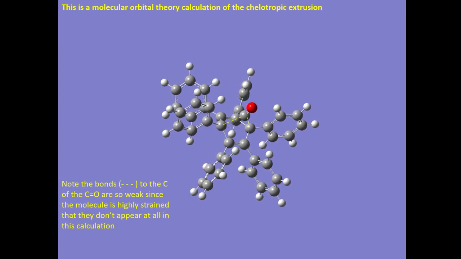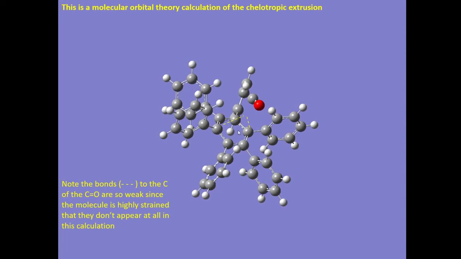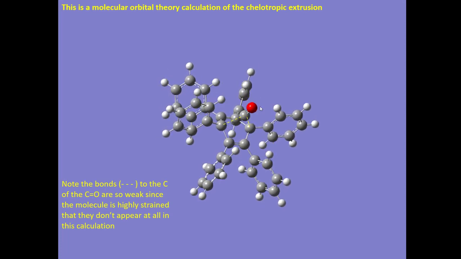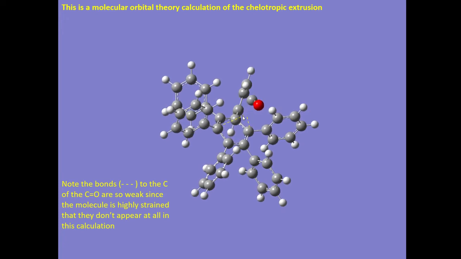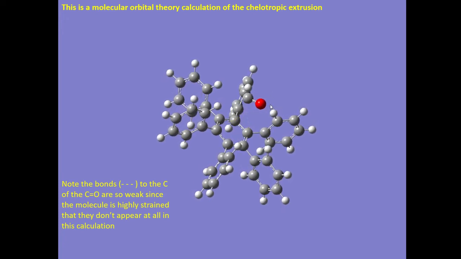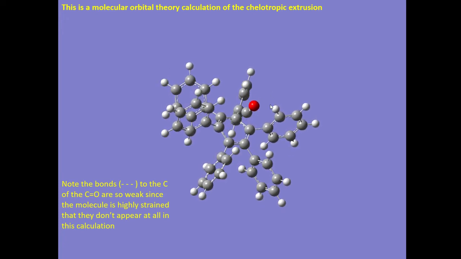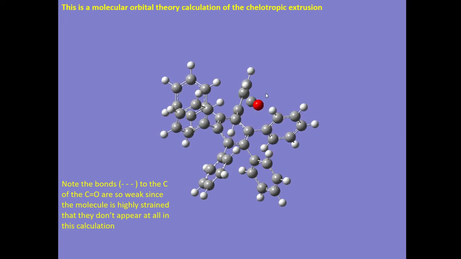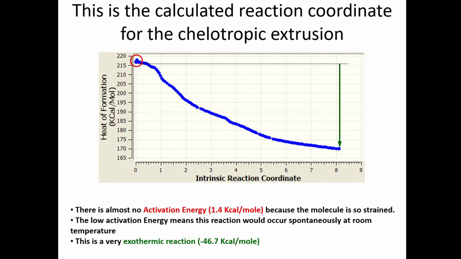For the second part of the reaction, the cheletropic extrusion, we can see that the bicyclic structure breaks apart, releasing carbon monoxide as a byproduct. This occurs spontaneously due to the high strain that is present.